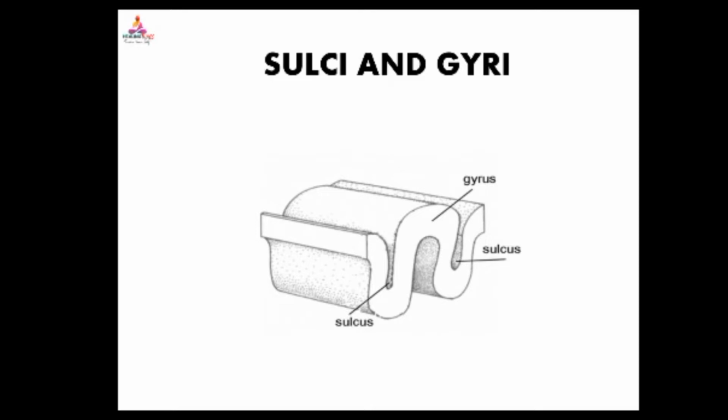These convolutions and fissures are termed gyri and sulci respectively. In the human brain, the total surface area of the cerebral hemisphere is about 2000 square centimeters, but approximately two-thirds of this is hidden from the surface view within the walls of the sulci.